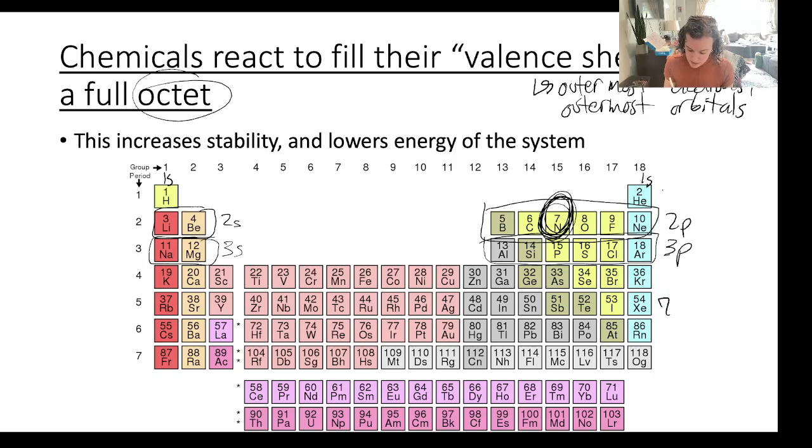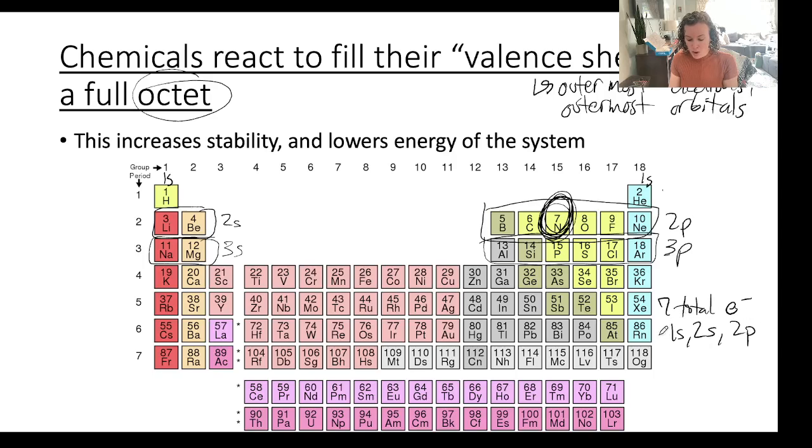Nitrogen has 7 total electrons. We know it has 7 total electrons because of its atomic number. But how many electrons in its valence shell, in its outermost shell? To calculate this, folks, we really just want to look at the numbers that are associated with the orbitals. Nitrogen has electrons in the 1s orbital, the 2s orbital, and the 2p orbital. So 7 total electrons in 1s, 2s, and 2p.